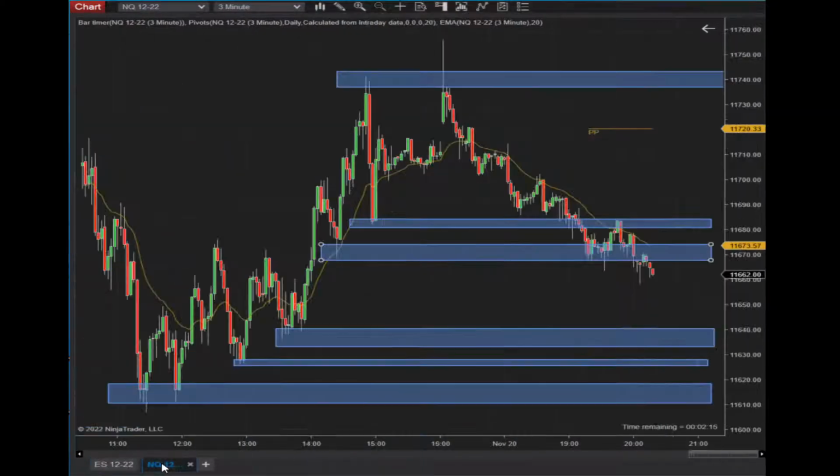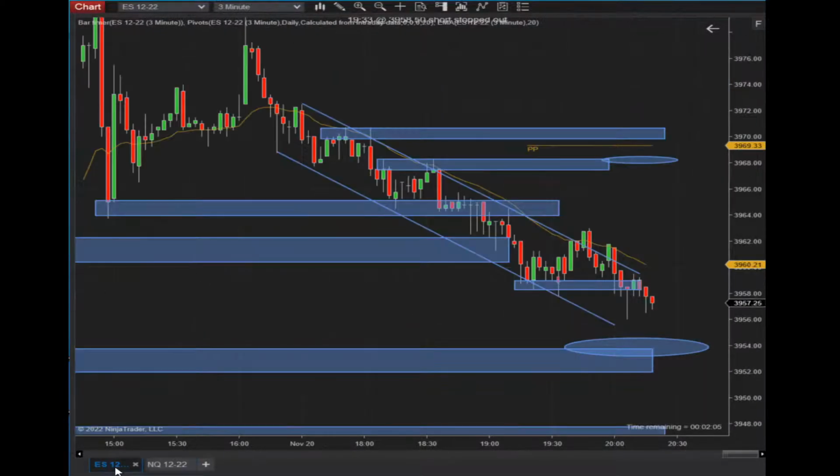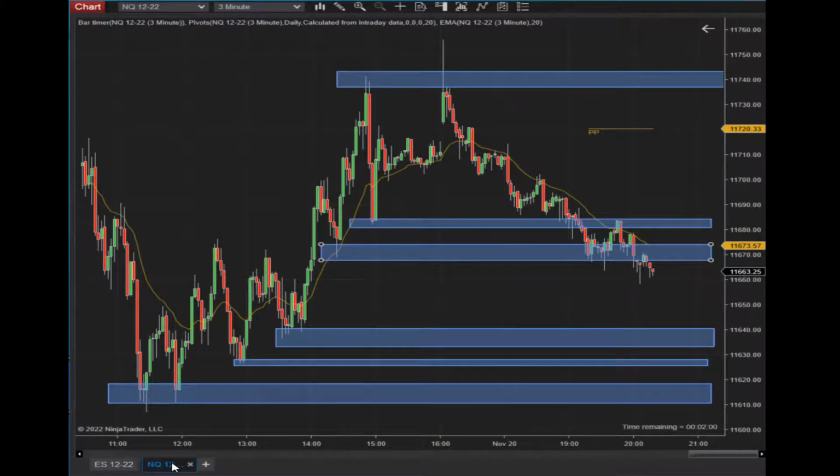Let's see what's happening on NASDAQ. NASDAQ, almost identical. Almost identical. Pretty crazy.